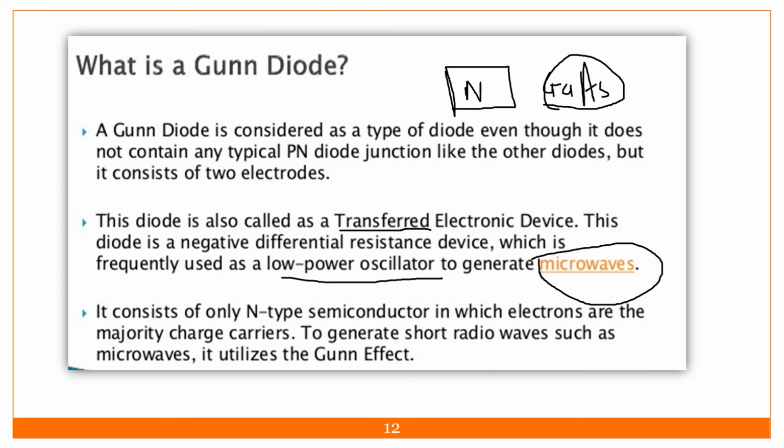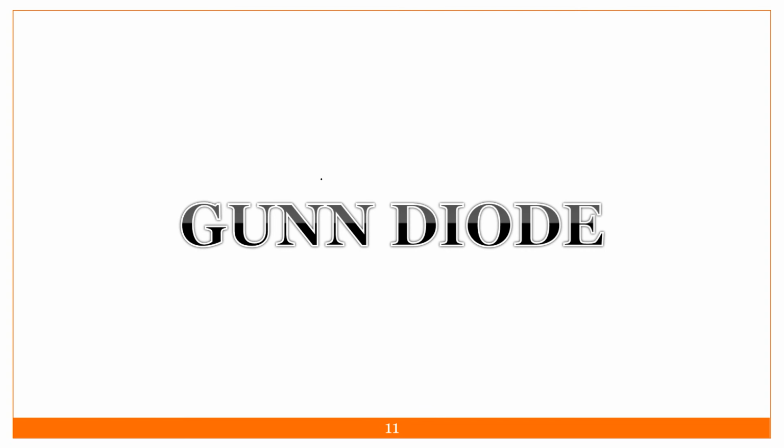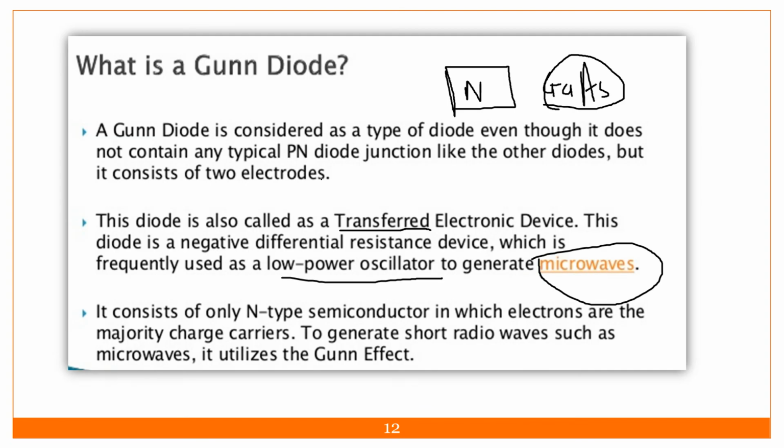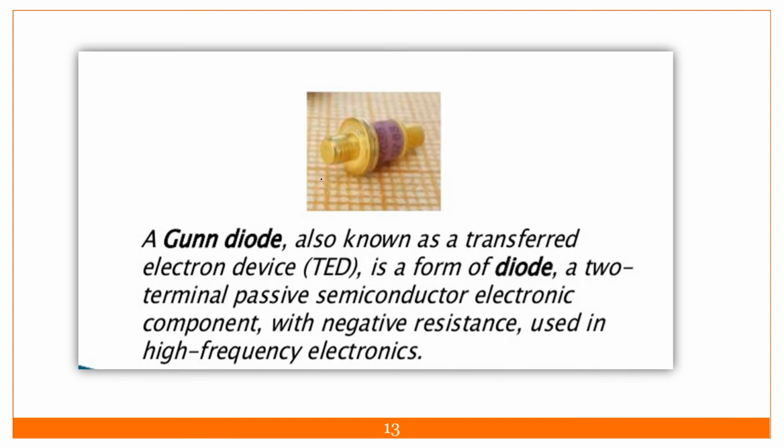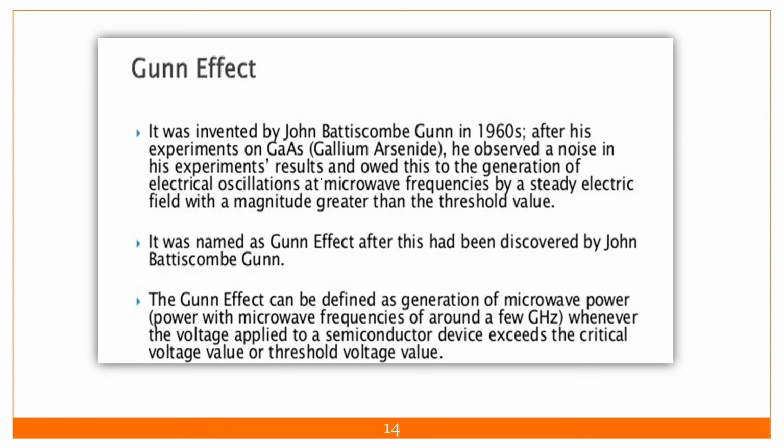So if you apply more voltage to the GUNN diode, the GUNN effect will occur and it will act as an oscillator.